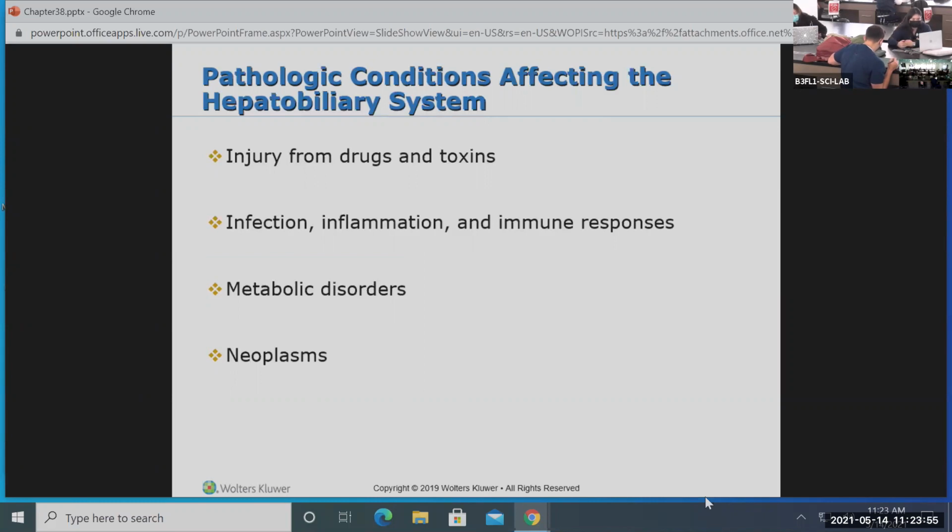Okay. Pathologic conditions affecting the hepatobiliary system. So please remember the network of the hepatobiliary system: my liver, those ducts, the gallbladder, that cystic duct, pancreas with pancreatic duct.